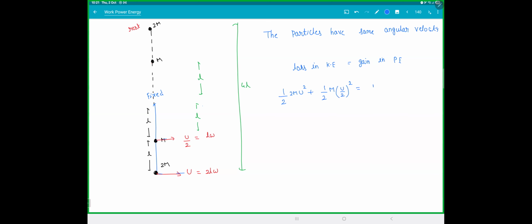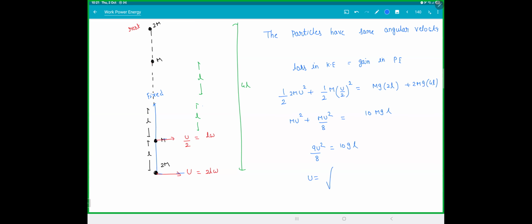And what is the gain in potential energy? m went to a height of 2L, whereas 2m went to a height of 4L. Bus. Once you figure that out, it is just one step there, and this would be m u square plus m u square by 8. That would be 10 mgL. This would be 9u square by 8 is equal to 10 gL.